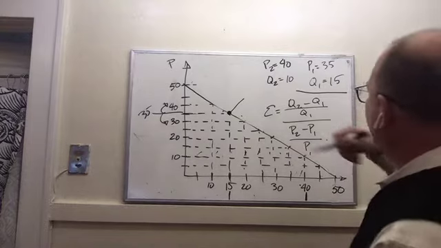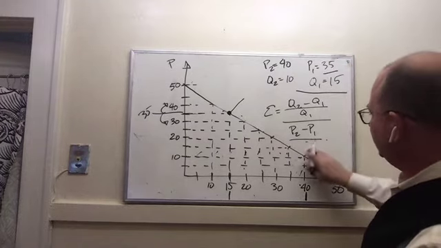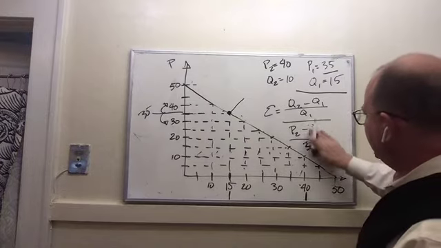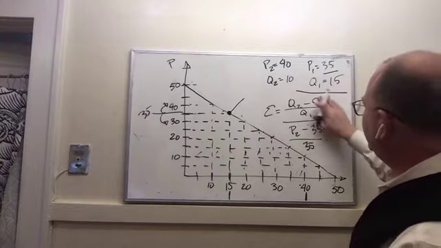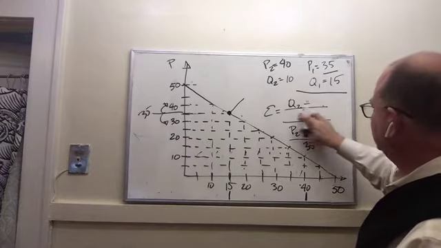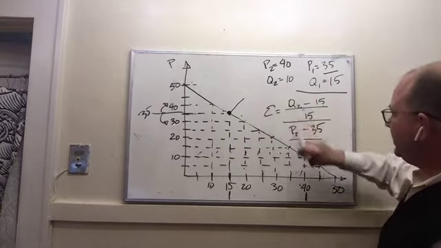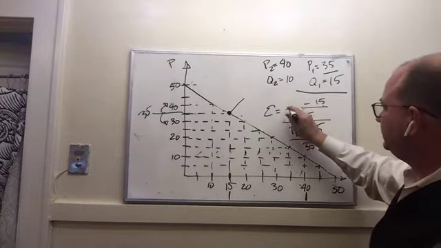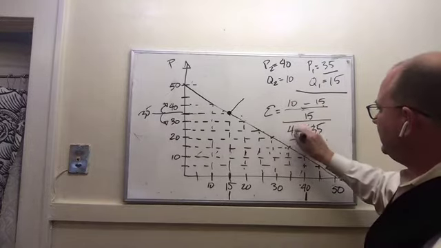And so now in the bottom, we put in 35 for P1, 35 and 35. We put in 15 for Q1, 15 and 15. We put in 10 for Q2, and we put in 40 for P2.